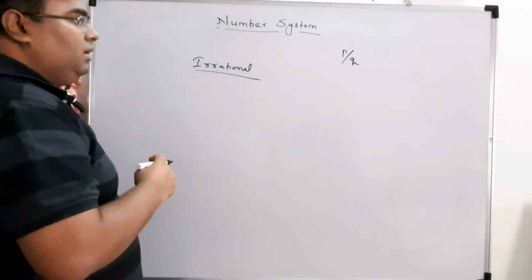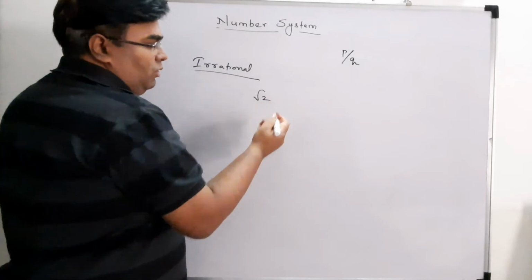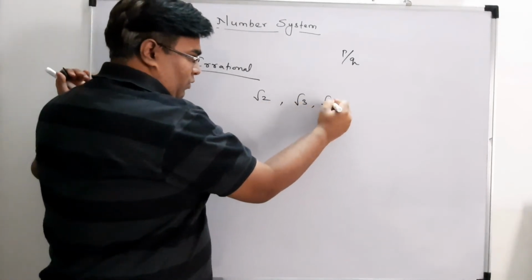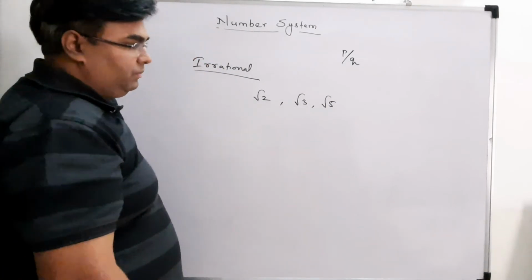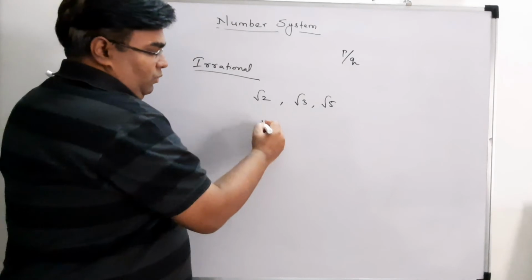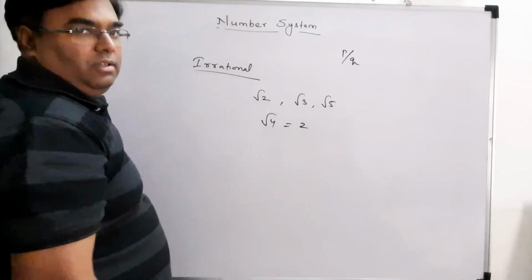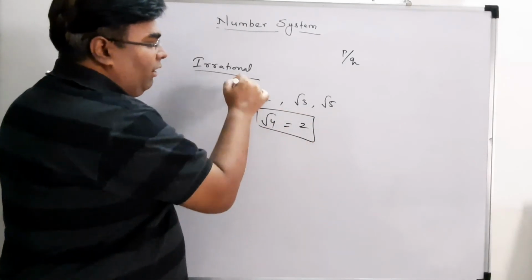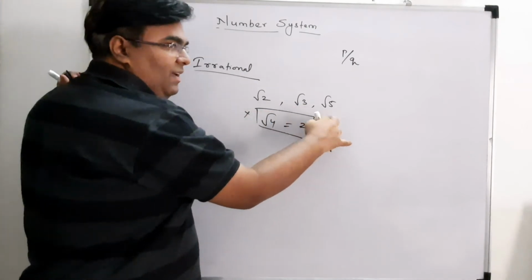Now, irrational numbers, for example, are square root 2, square root 3, square root 5, any non-perfect square root. If you take square root 4, you will get an integer or a rational number. So root 4 is not irrational, root 2 is irrational, root 3 is irrational, root 5 is irrational.